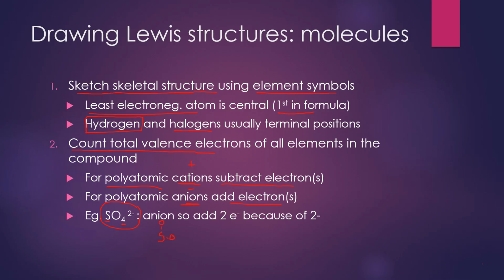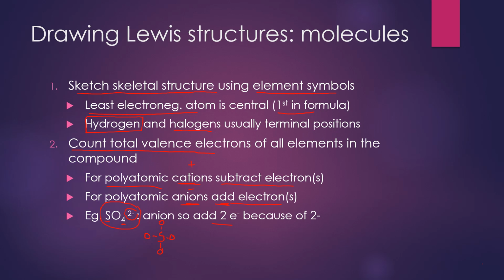Now when I'm counting the valence electrons, I want to take into account that there's 1 sulfur and 4 oxygens, but I also want to take into account this charge. So since it's a negative charge, I'm going to add that number of electrons. In this case, a -2, so I'm adding 2 extra electrons to my overall valence electron count.